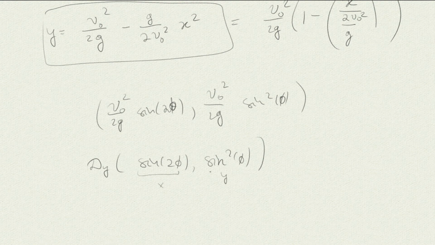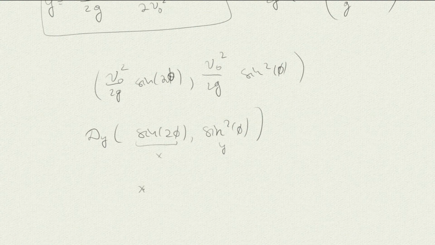And let's see the canonical. Let's ignore this and suppose that we have this parametric equation: x is sine of 2 phi and y is sine squared of phi.